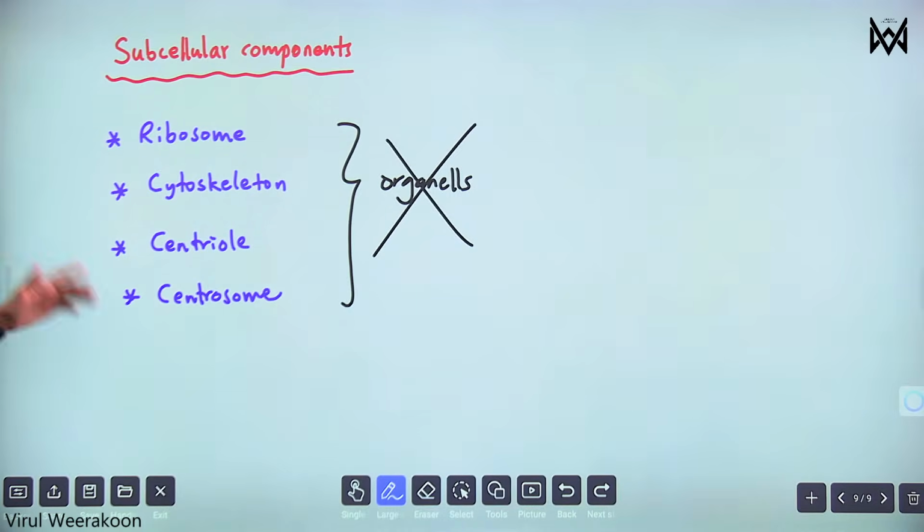You can write down the rest of the structures found in prokaryotes also, but we are mainly discussing animal cells. Therefore, we are not writing any particular structure found.